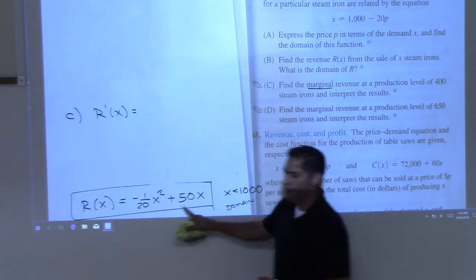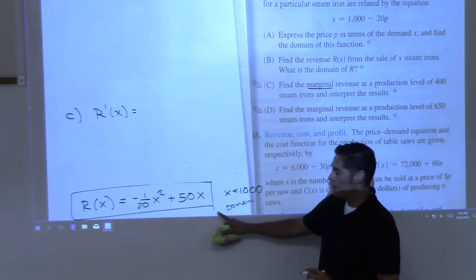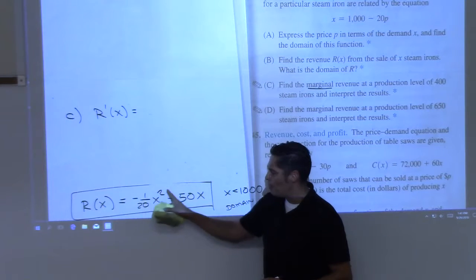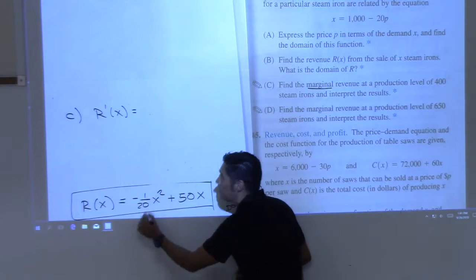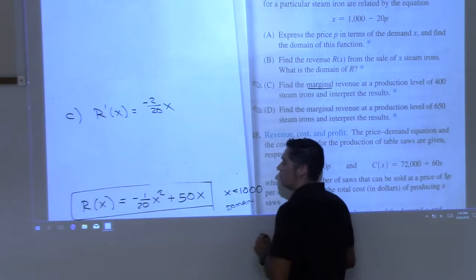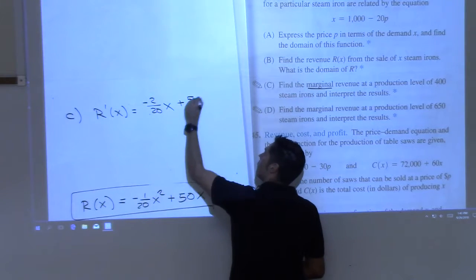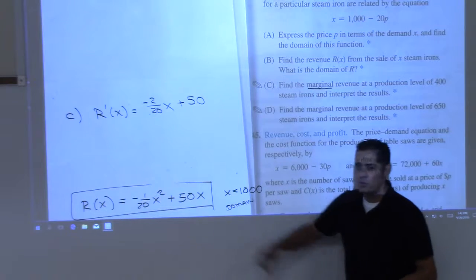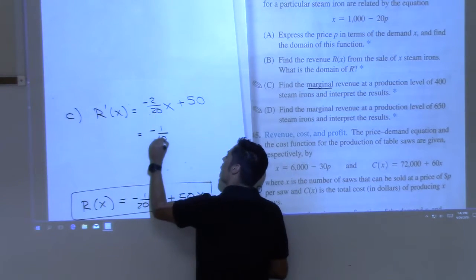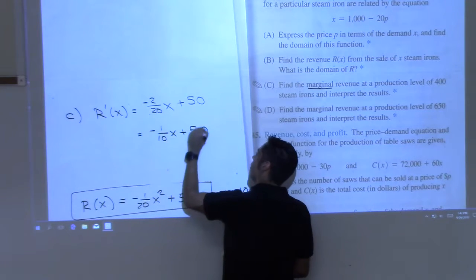And then you take the derivative of this. Yes, power rule. The 2 comes out, and when you bring the 2 out, that becomes a negative 2 over 20 x, and then plus 50, because the derivative of x is 1.